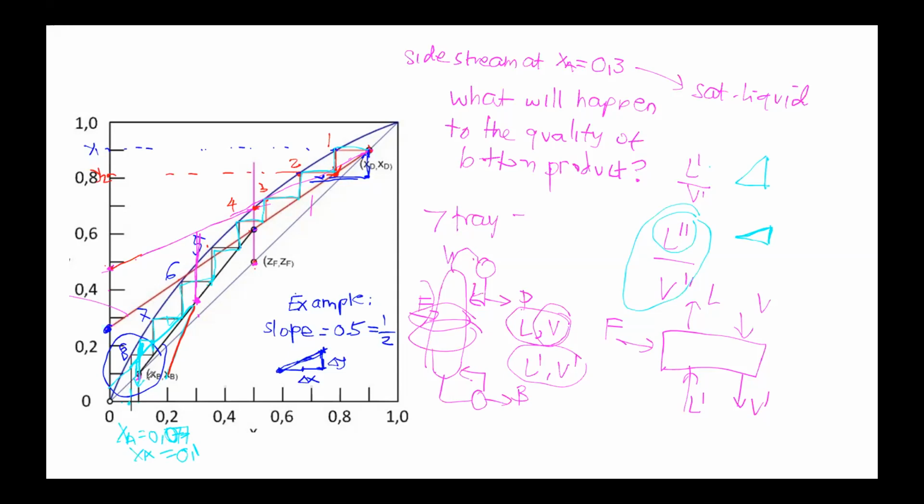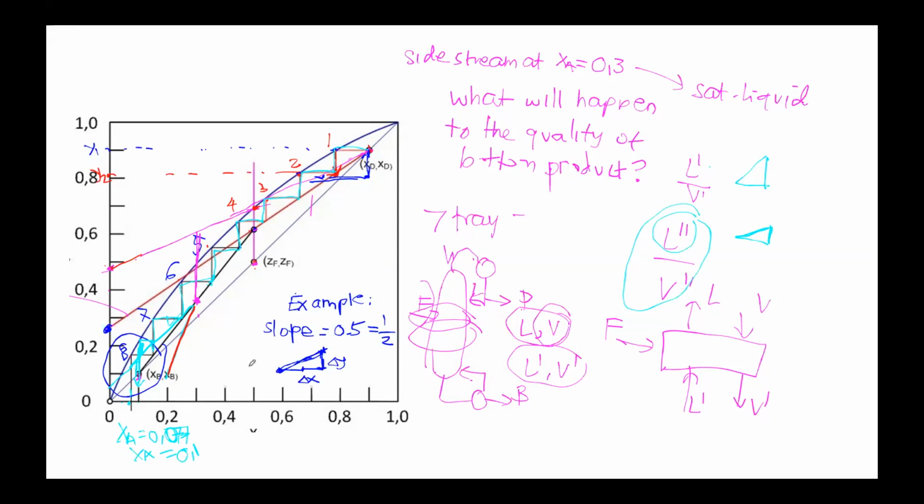Do you want to have a discussion or any questions? Yeah, I want to ask, so the purity of B will be lower, right? No, the purity of A in the bottom.